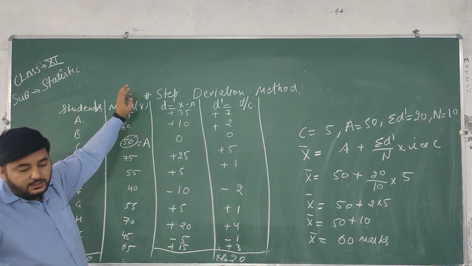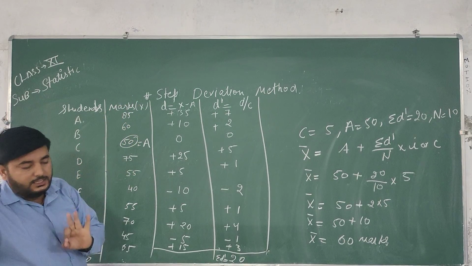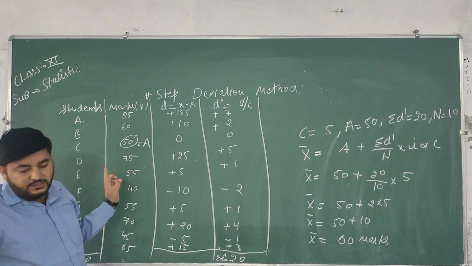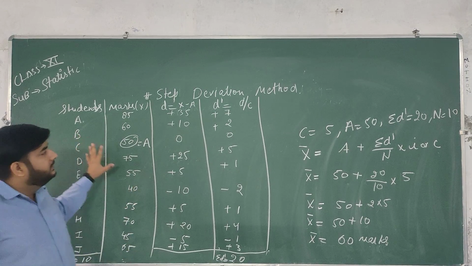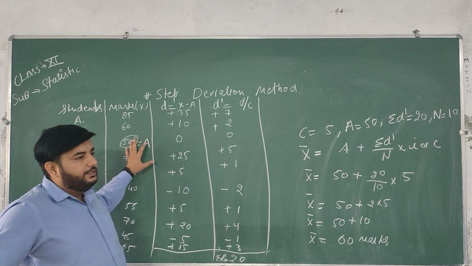So for calculating the simple arithmetic mean, there are three series. First is individual series, then discrete series and continuous series. So we have understood the individual series.